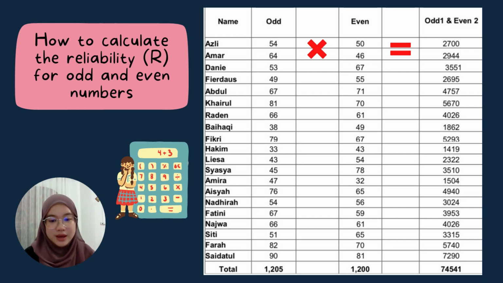Next, the odd number for Ammar is 64, while the even number is 46. So 64 multiply 46 equals 2,994. The same goes for the next students, Danny, Firdaus, and so on.